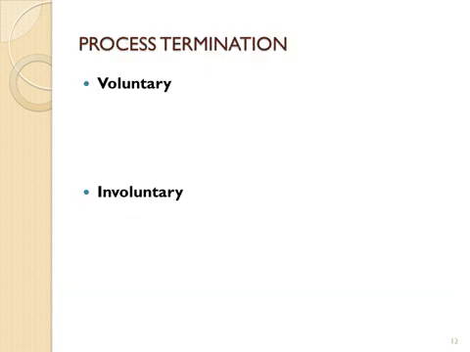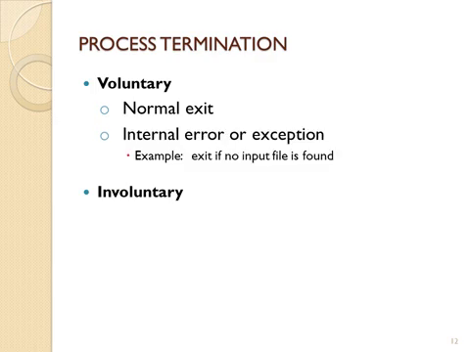In process termination, a process can be killed or terminated either voluntarily or involuntarily. Processes are killed voluntarily by finishing their task and exiting normally. Or a process may kill itself by having some type of error check in its code which says, if I don't find this file, or assert that this doesn't happen, then it will kill itself.